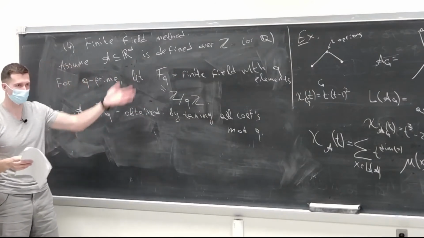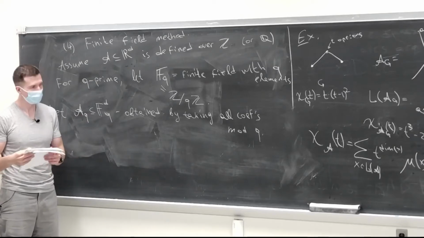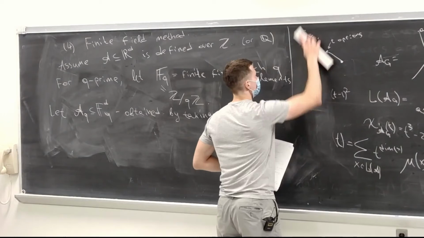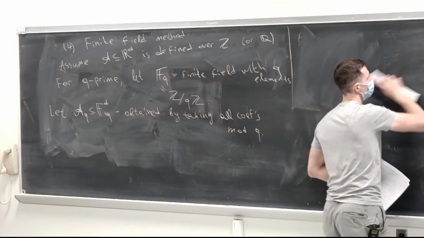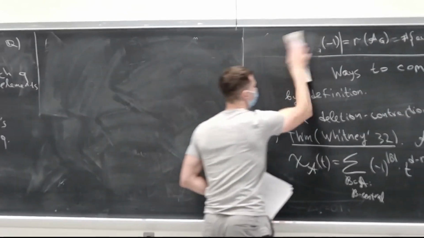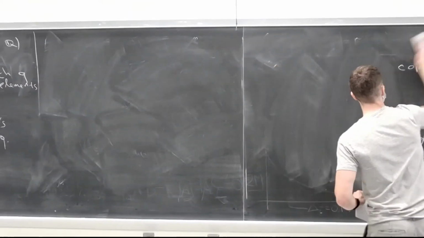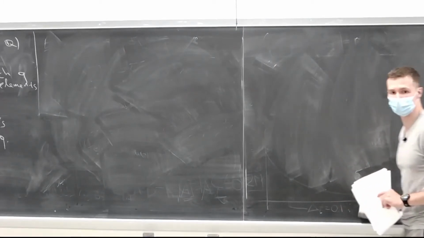Since they are integers, I can take them modulo Q, and for each Q, I get an arrangement like this. Any questions so far, or so far so good?